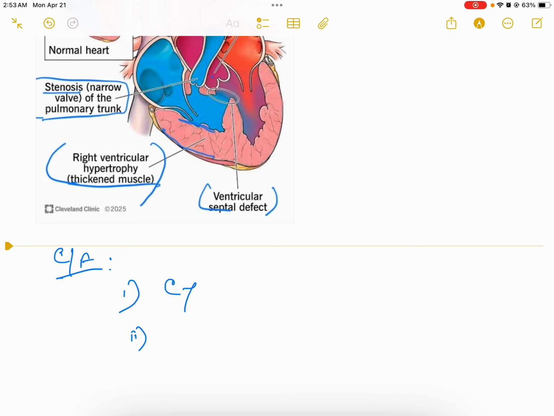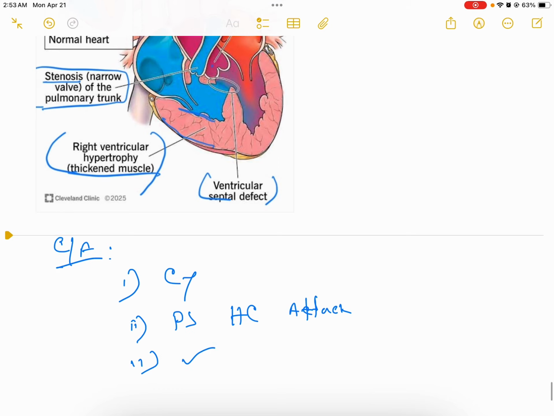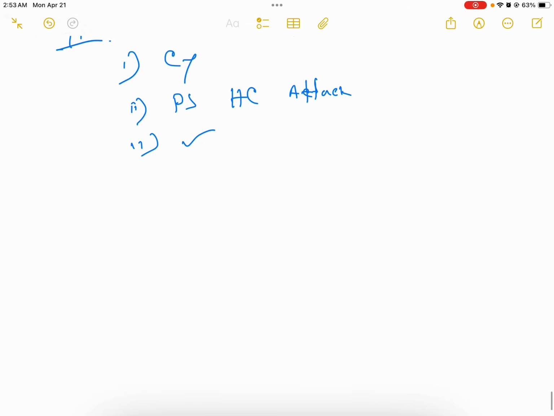Number 2, paroxysmal hypercyanotic attack. Number 3, easy fatigability and dyspnea on exertion. Sudden dyspnea. The affected child adopts squatting position until symptoms improve.